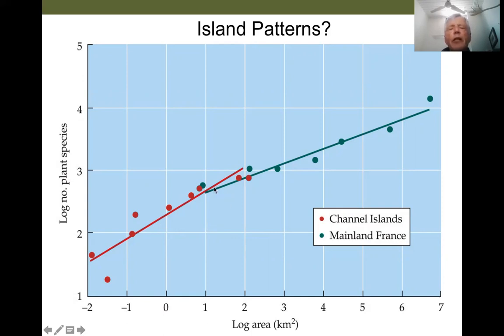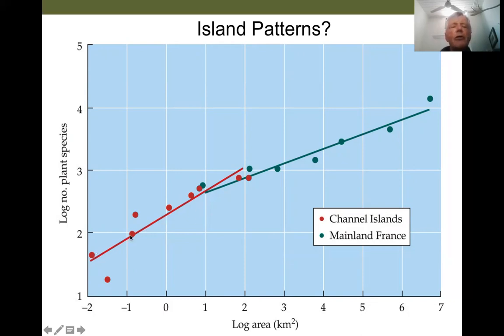But in this particular case, not only does it include the mainland France, the green line, but it includes a bunch of islands that are part of the country and surrounding islands of the country. And these range in size from very small to somewhat larger.